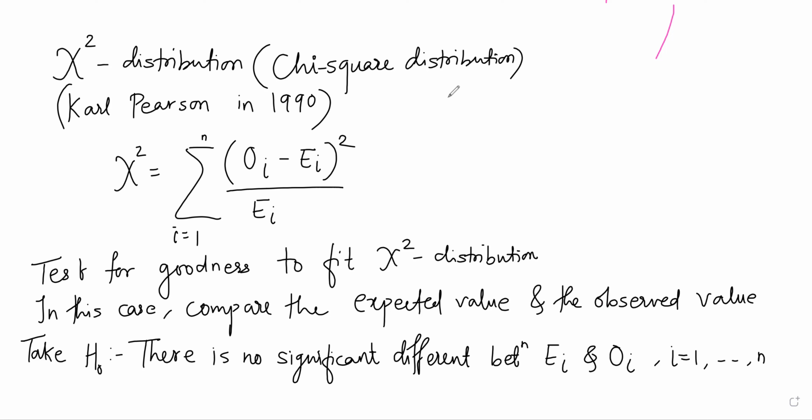Here we are just taking the values, since n is the number of observations.